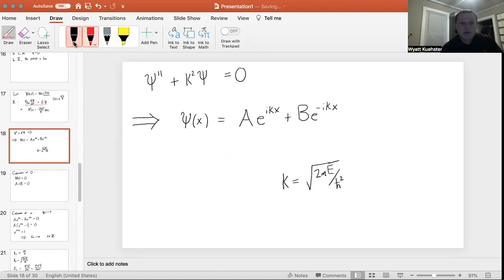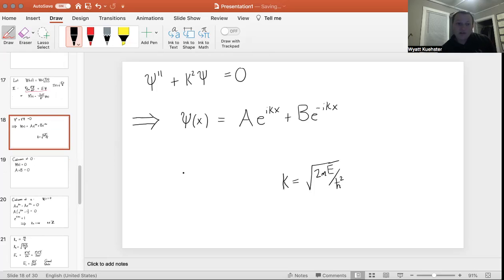The solution to this differential equation is complex exponentials: some constant times e to the minus ikx, and some constant times e to the ikx. So that's the general solution to this ODE.